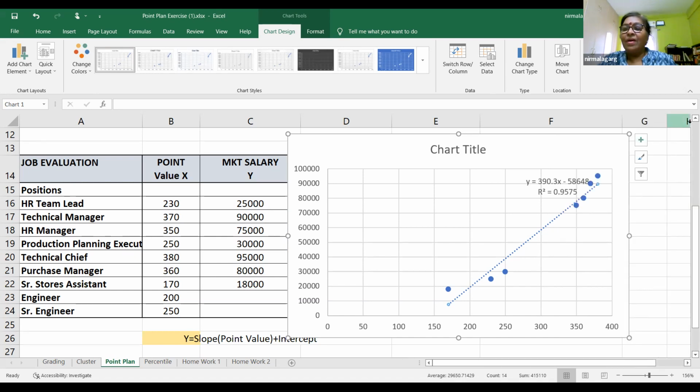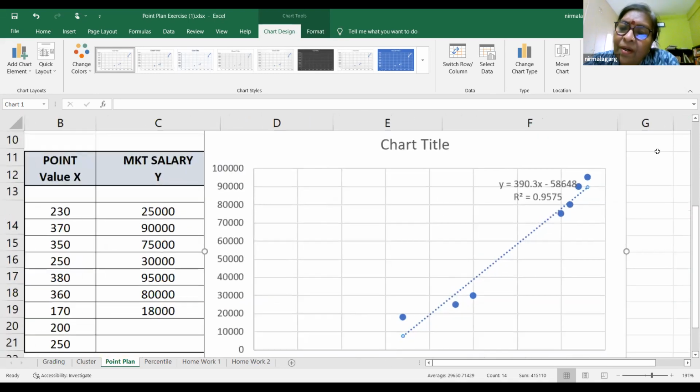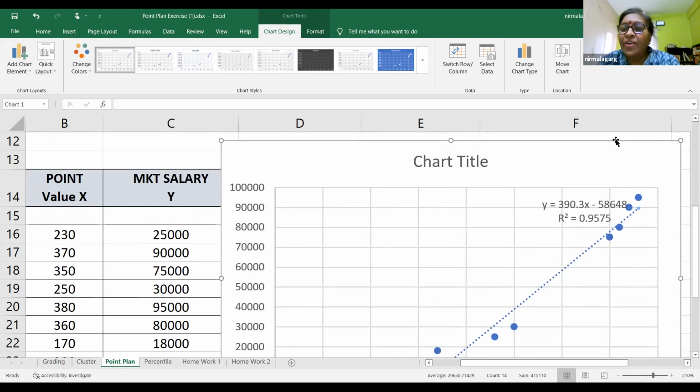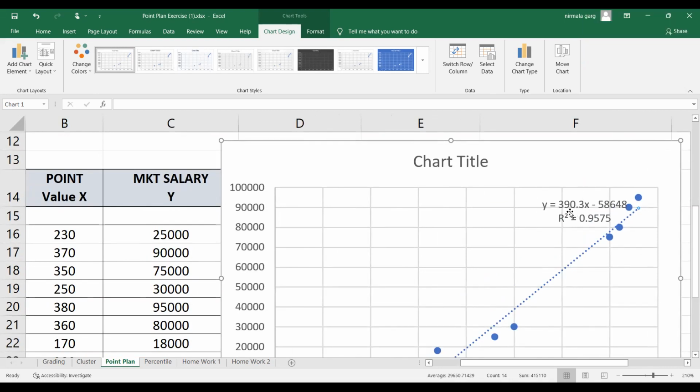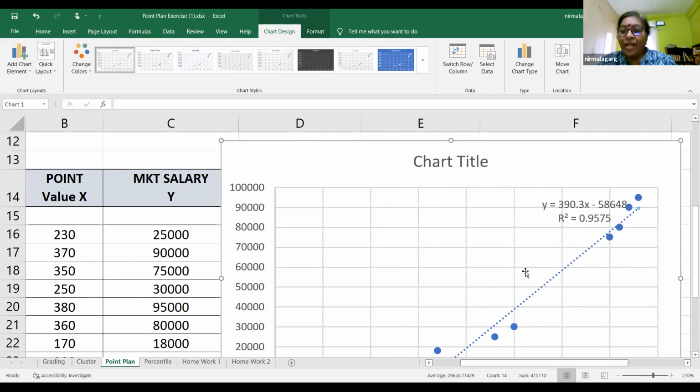Now can you see? I will make it a little bigger. Now this value, if anybody wants to write, 390 slope minus intercept. This is your slope value. And this is your intercept value.